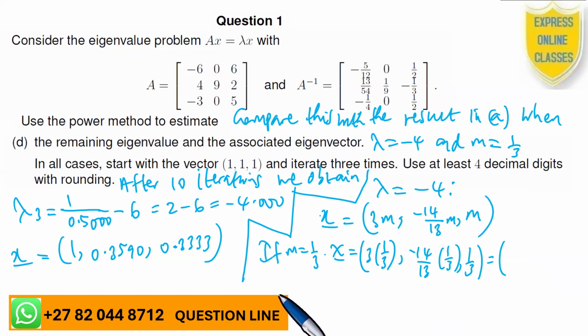Okay, we analyze this together. And if we do, what we're then getting here is these 3 cancels, giving us a 1. And then we would have -14 out of... let us see exactly if it is exactly the case.